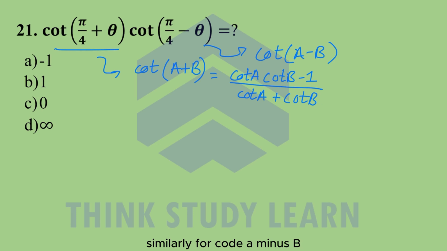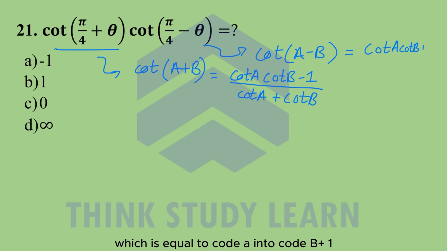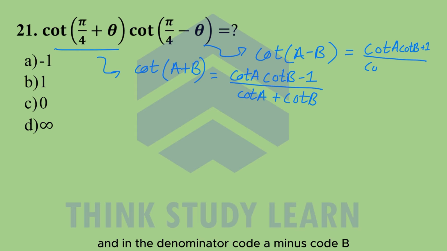Similarly, for cot A minus b, we have the formula which is equal to cot A into cot b plus 1 and in the denominator cot b minus cot A.